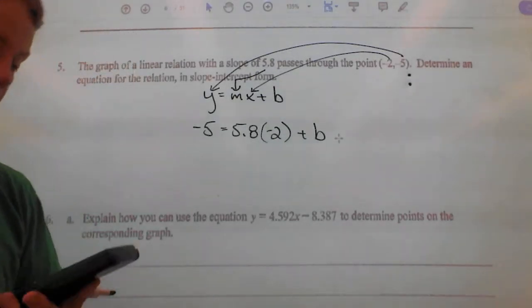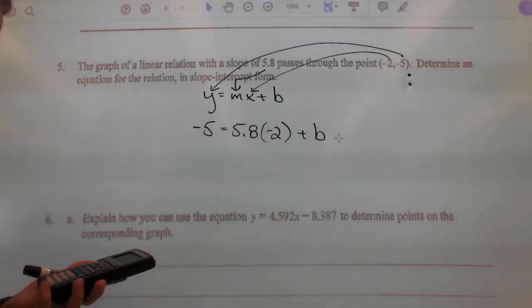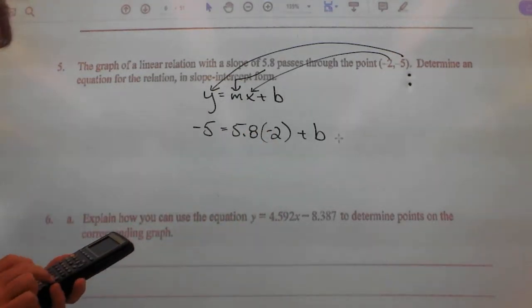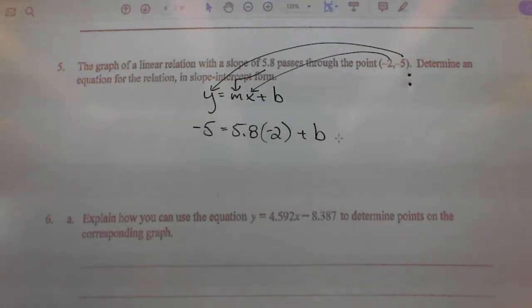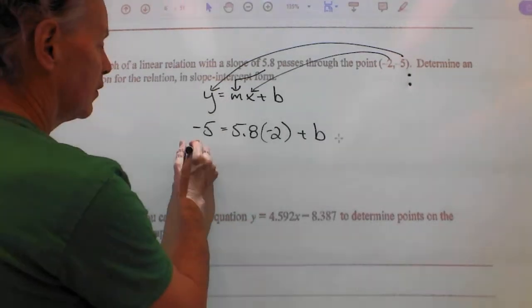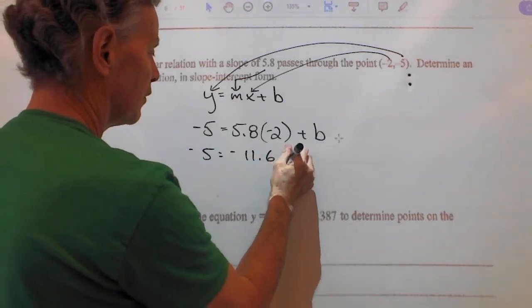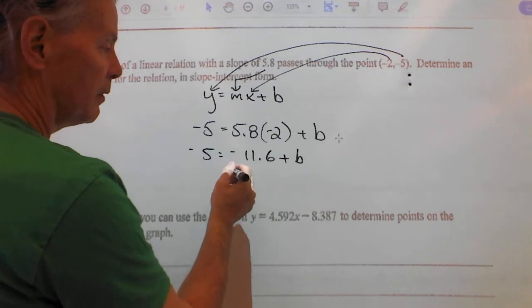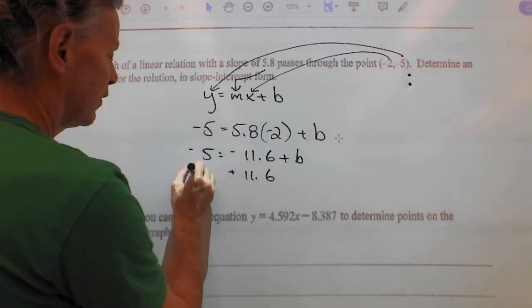And I'm back. So, 5.8 times -2 is -11.6. So -5 equals -11.6 plus b, and then to isolate b, we simply add 11.6 to both sides.